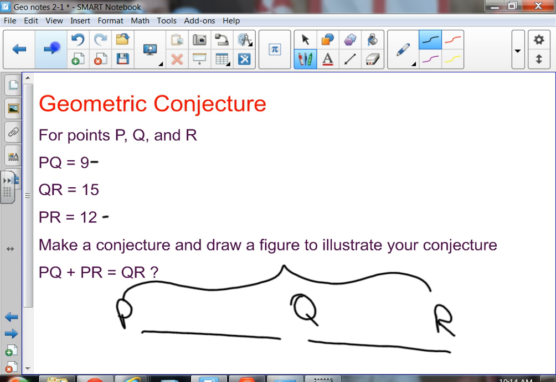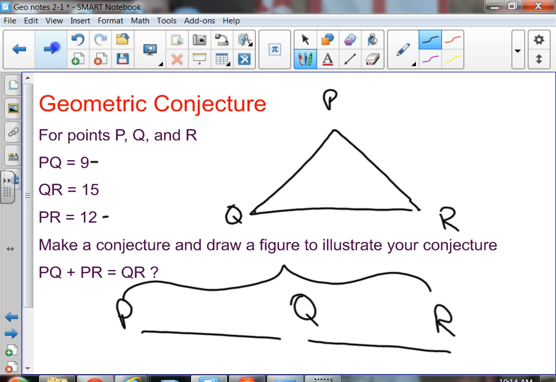Triangles. So if we drew our triangle PQR, okay, now we've made a conjecture about those points. Obviously, they couldn't be a line. Could they be a triangle? 9, 12, and 15? Absolutely.